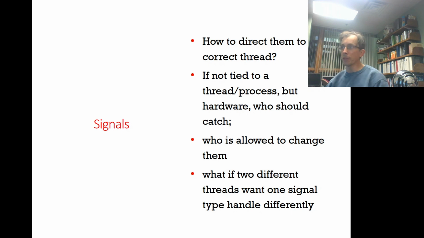Generally, since they're all cooperating, you hope that doesn't occur. Or a thread may want to capture Control C, another may want something else. So it's really hard to have signals work with threads, right? And that's sort of the point of this whole slide here. There are no easy answers, and different systems respond to signals in different ways with different threading models.